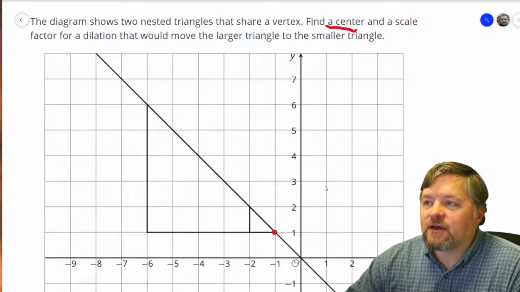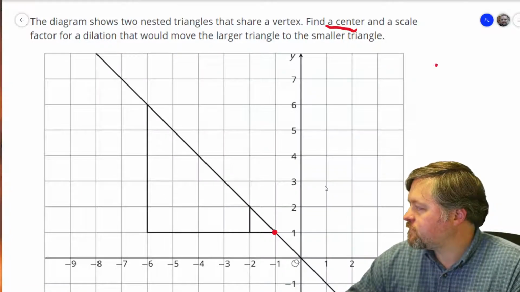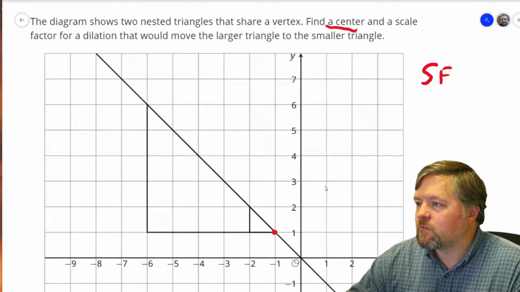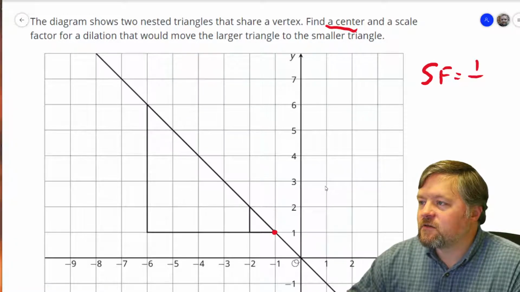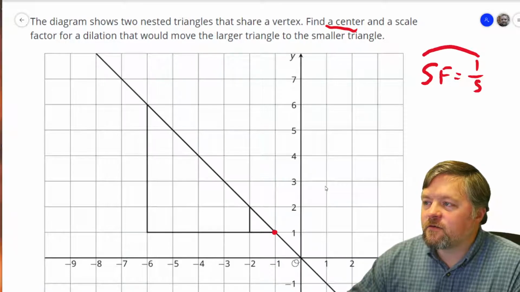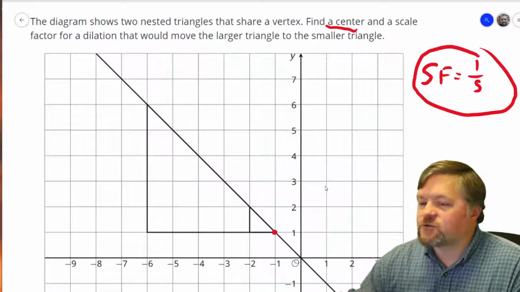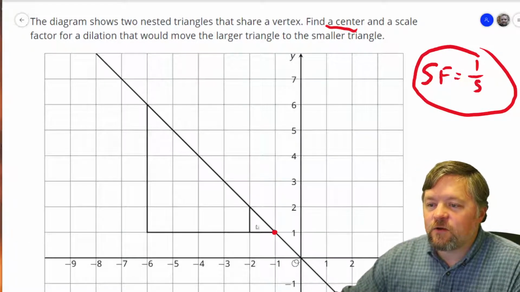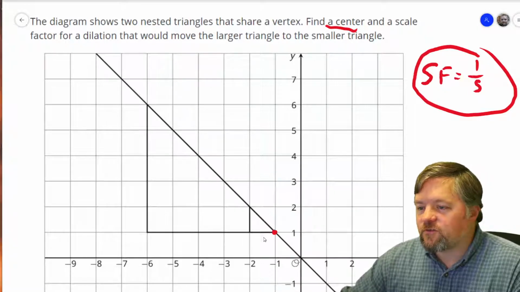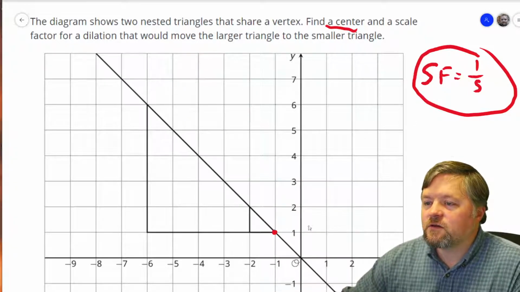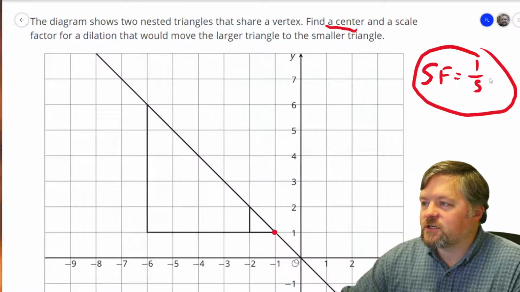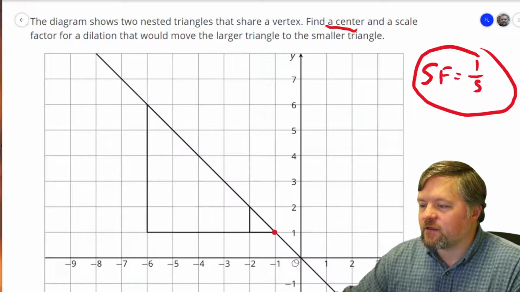So our scale factor is 1/5. Scale factor is 1/5 because we made it 1/5 the size. We turned 5 units into 1 unit. So center of dilation is here, scale factor of 1/5.